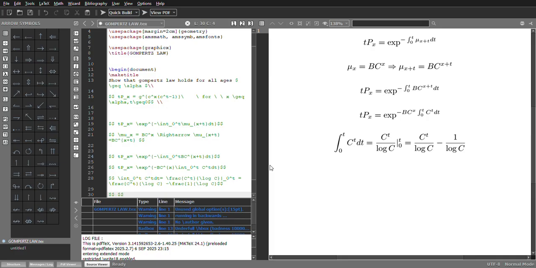We have one fraction, so we'll have c raised to t, subtracting 1, all over log c.